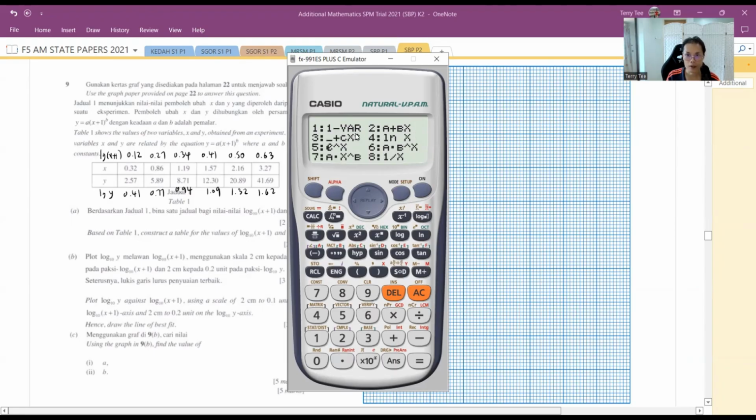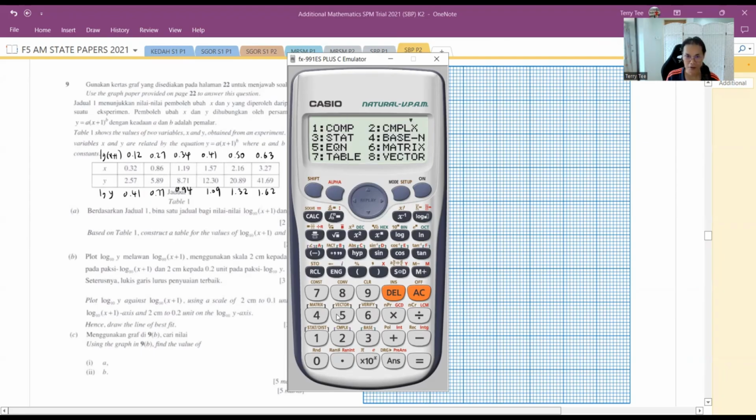Wait, shift 1 for stats. Where is my value? Shift stats. Oh, I'm sorry, I accidentally cleared the data.